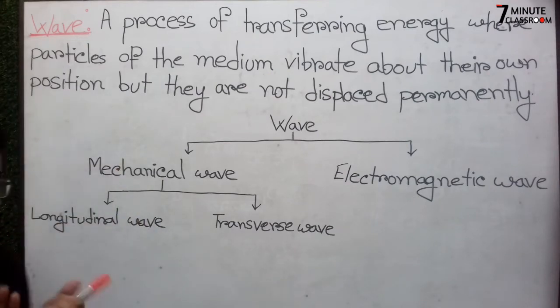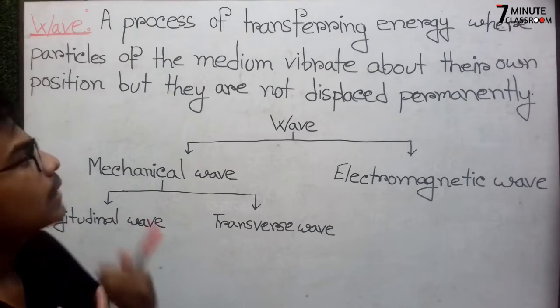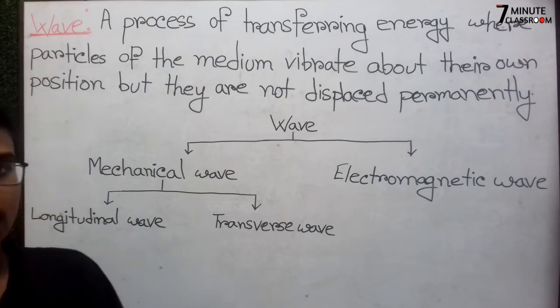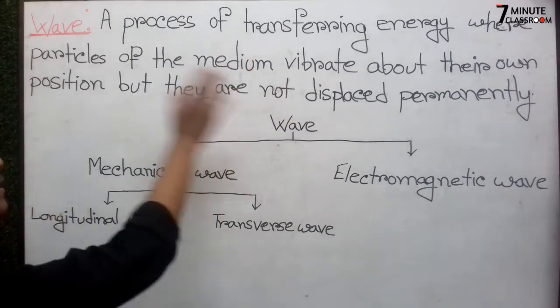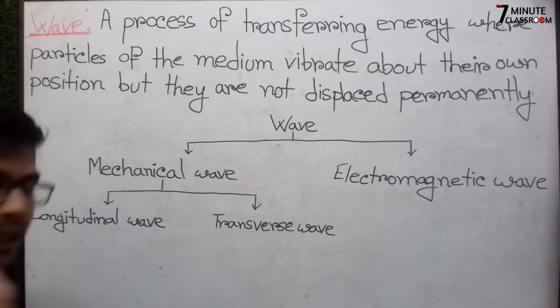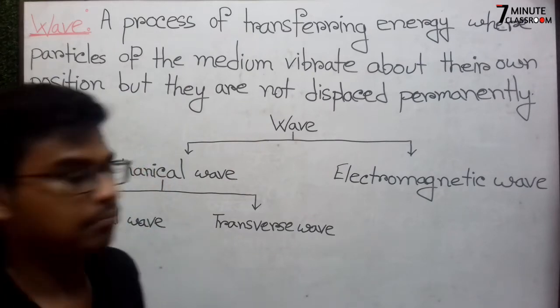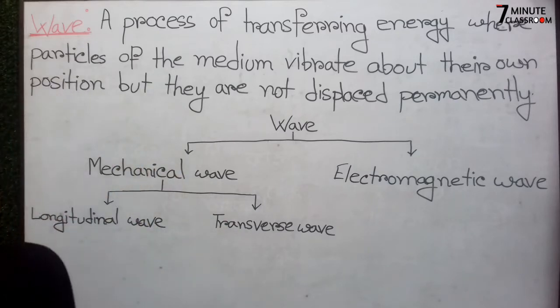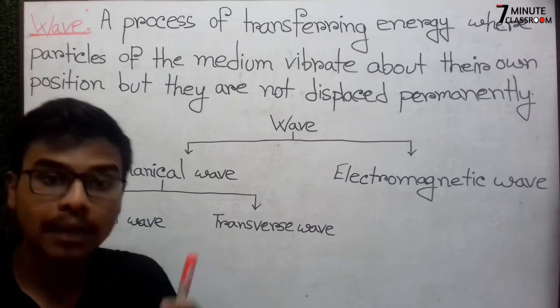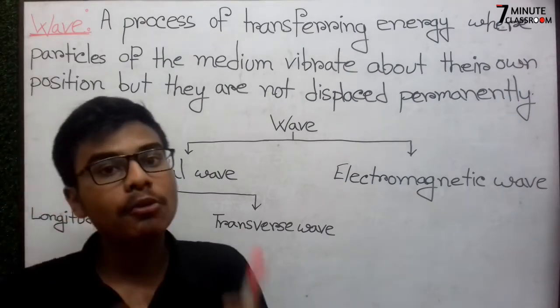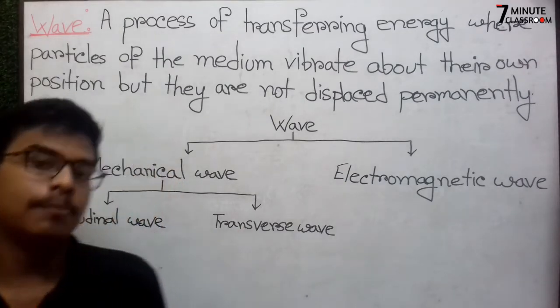A wave is a process for transferring energy, and in a wave a medium must be needed, and in the medium there are some particles, and these particles will vibrate about their own position. That means they will vibrate about their own position but they are not displaced permanently.